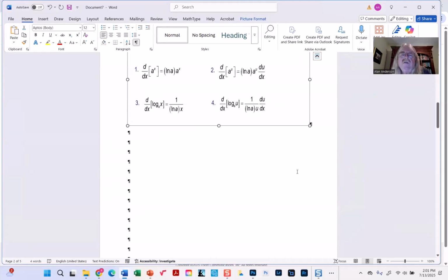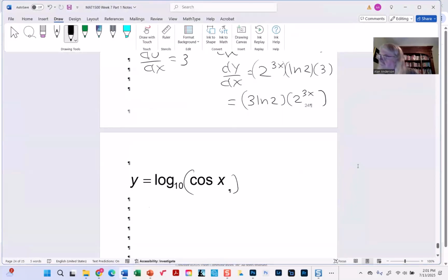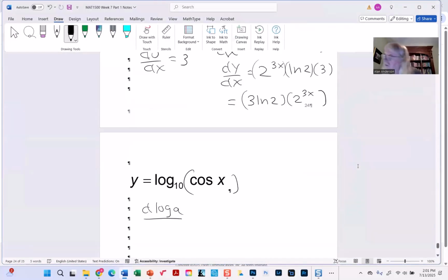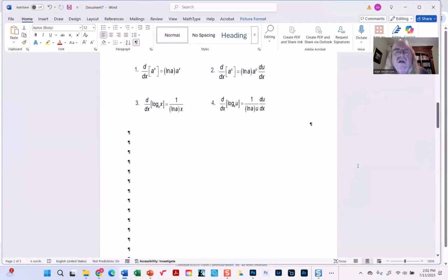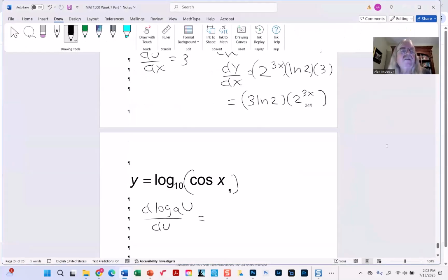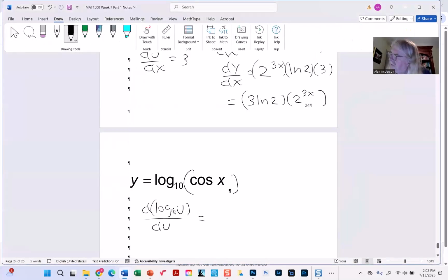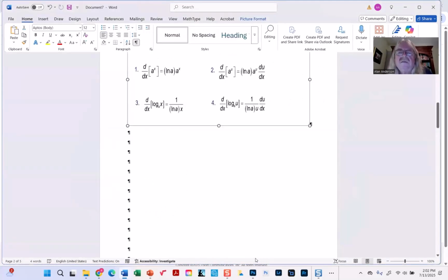It's d log base a of u, dx. Hold on, I wrote the wrong thing down here.